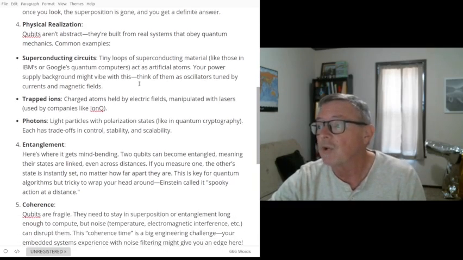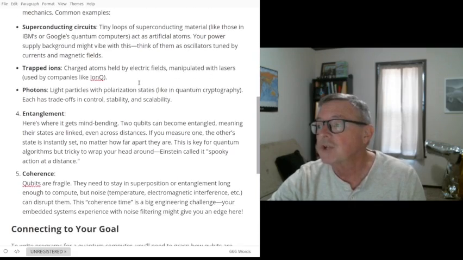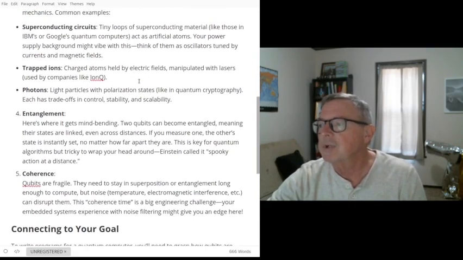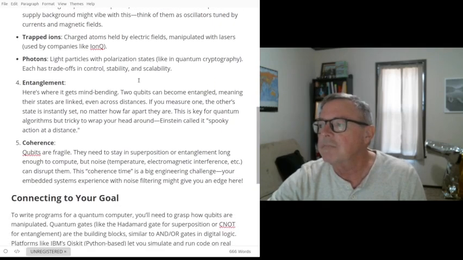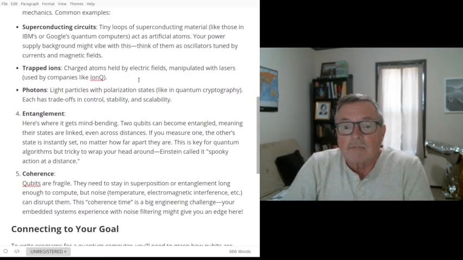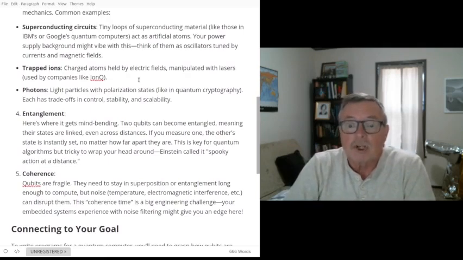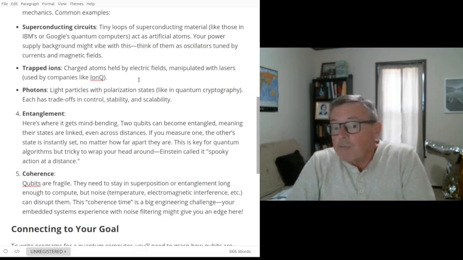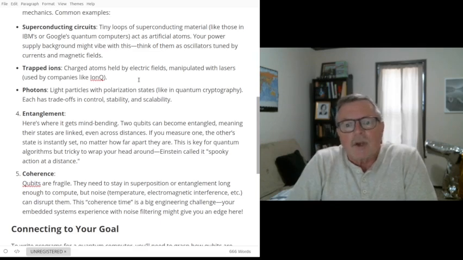Okay, physical realization. What are the possibilities? Here's some of the makeup of a physical qubit. A qubit is not just a couple or a sprinkling of transistors. I think we did that with the RS flip-flop. It took us 4 transistors and some resistors and so on to set that up.